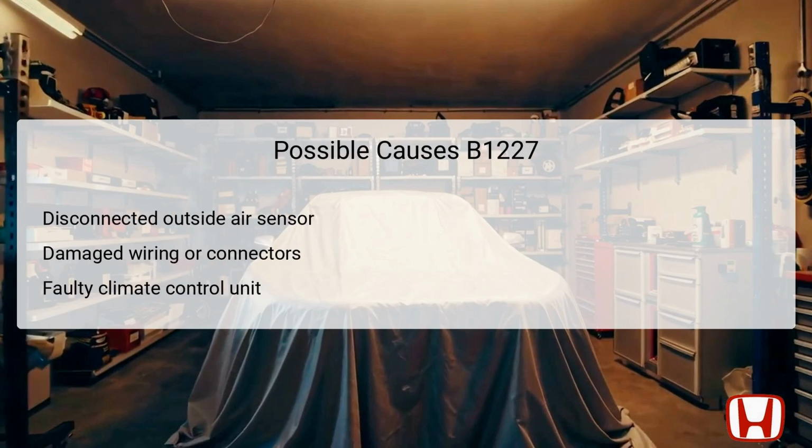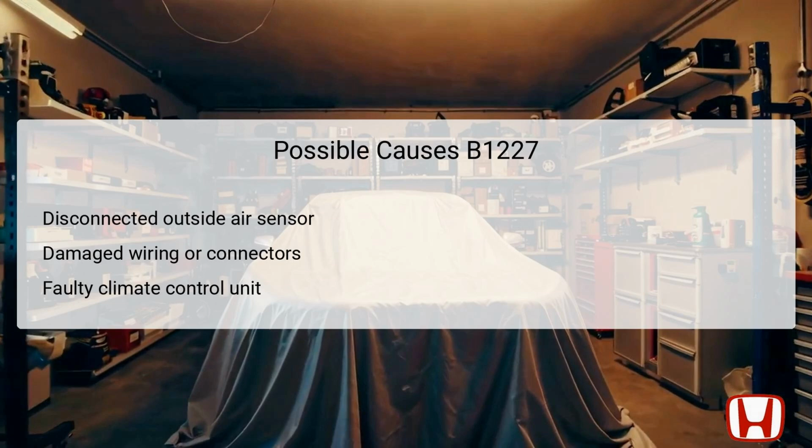Several factors may lead to the B1227 error code. First, a disconnected outside air temperature sensor can result in an open circuit, causing the DTC to trigger. This could happen due to physical damage or wear and tear on the wiring. Second, damaged wiring or poor connections in the outside air temperature sensor circuit can also create an open circuit, leading to this diagnostic trouble code.